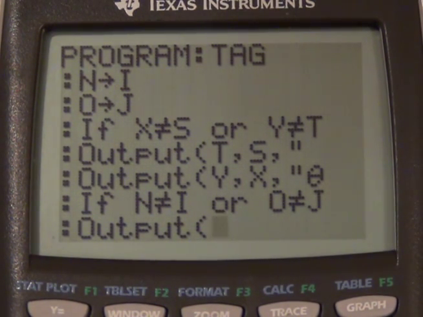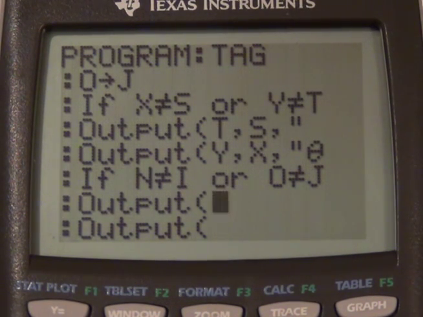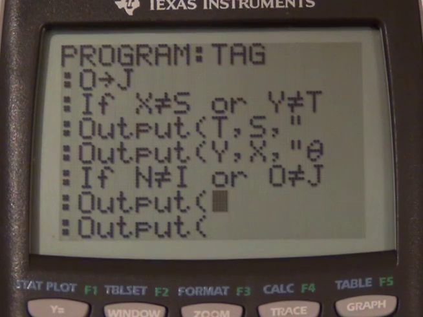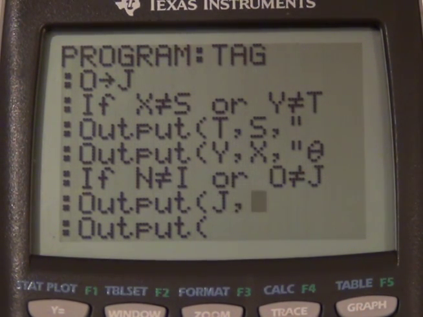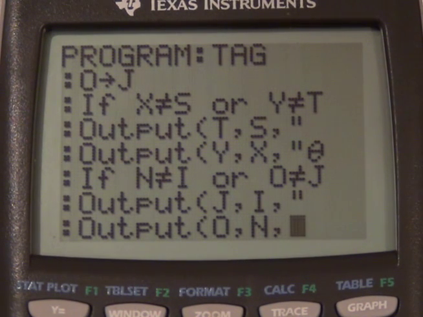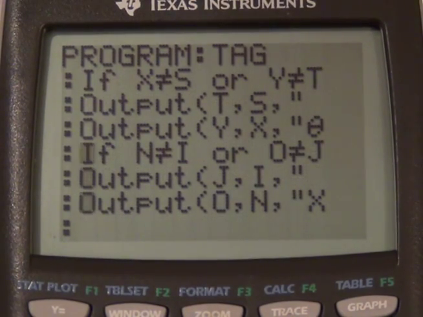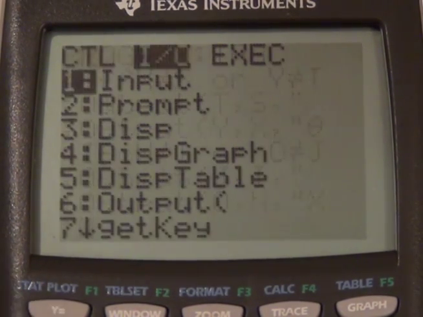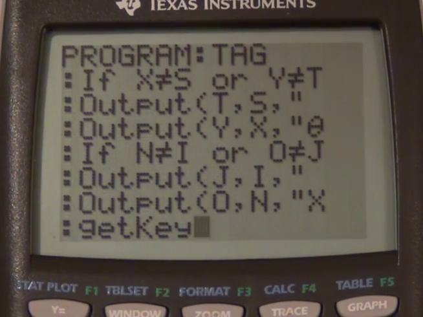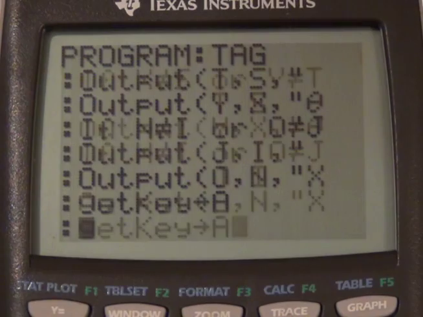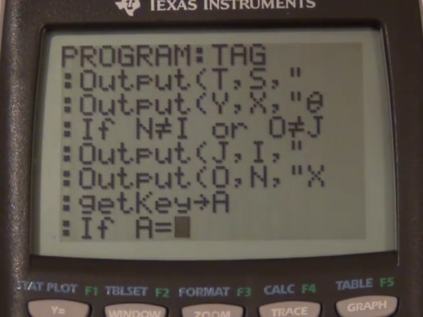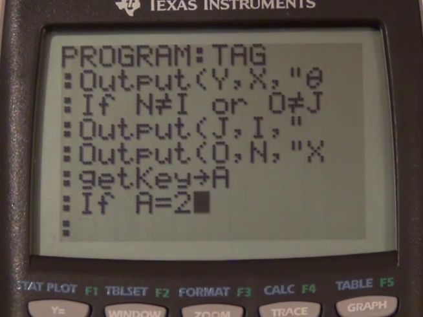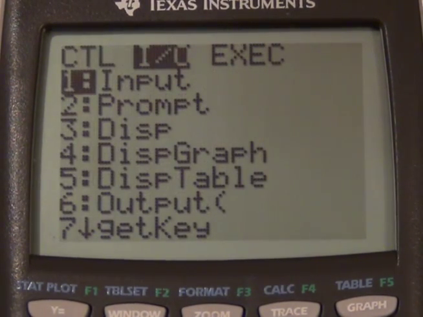So yeah, that looks good. And then we're gonna get the key, of course. And then we're gonna do all of our controls.